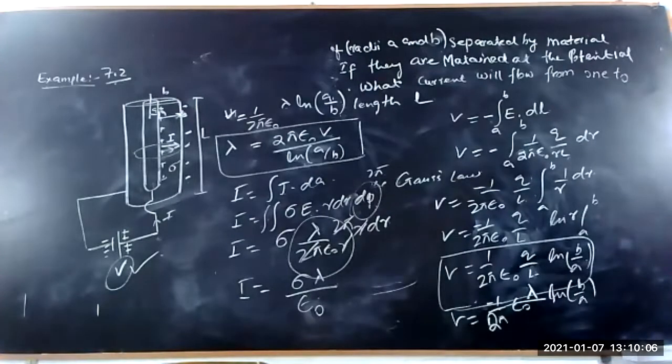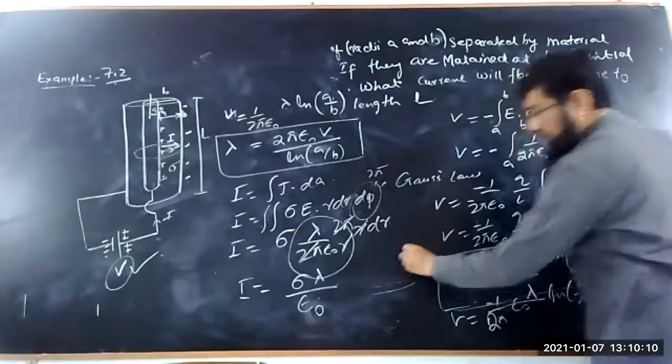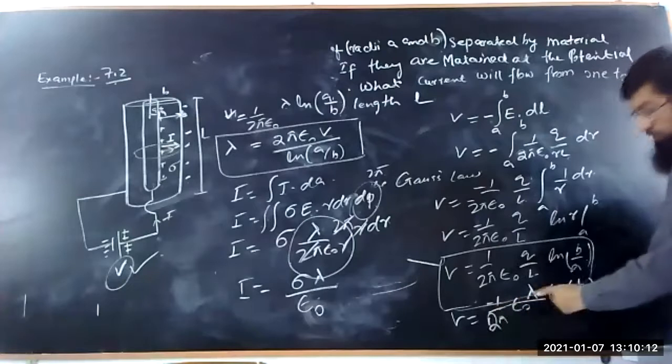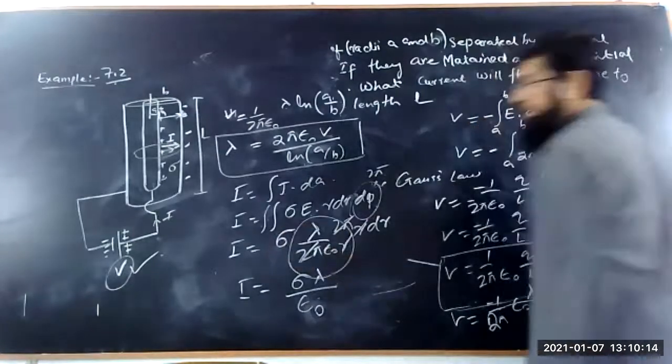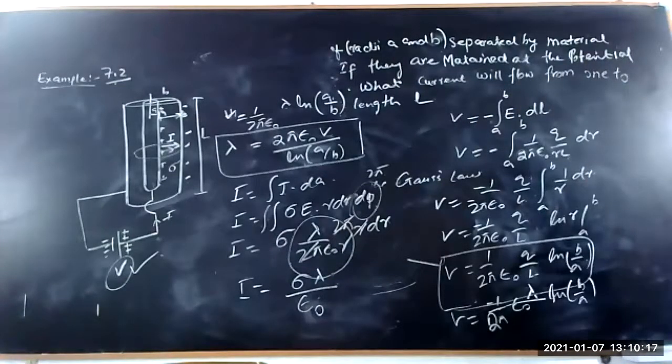So you can find it out by comparing with this equation. By substituting the value of lambda, you can easily find the value of the current.